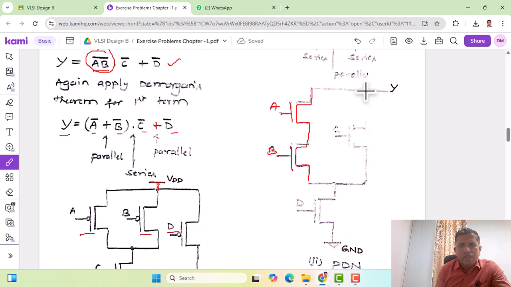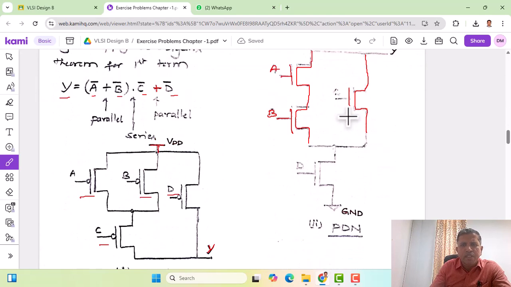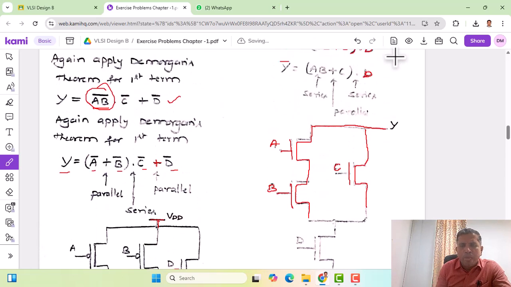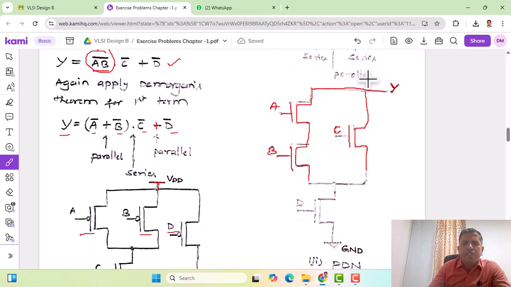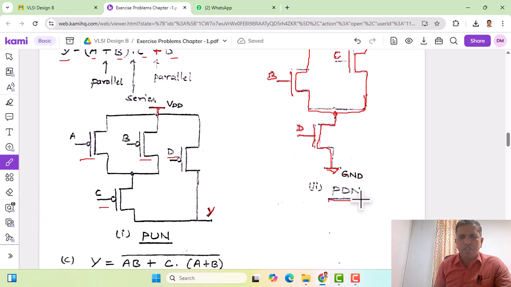This series combination is in turn in parallel with C, and this end is connected to the output Y. This is the output function Y, and now this complete structure should be in series with D. So the other end is connected to the ground, and this is an NMOS transistor with input D. So this forms the pull-down network, and to get the complete CMOS structure, the pull-up network output Y can be connected to the pull-down network output Y, so that the complete structure forms the CMOS network.